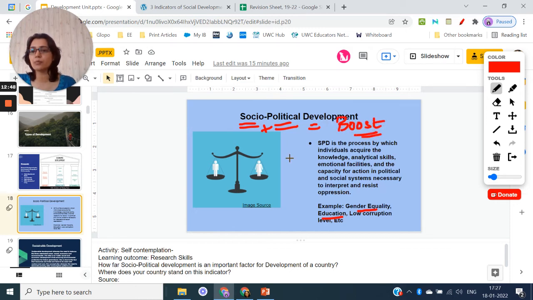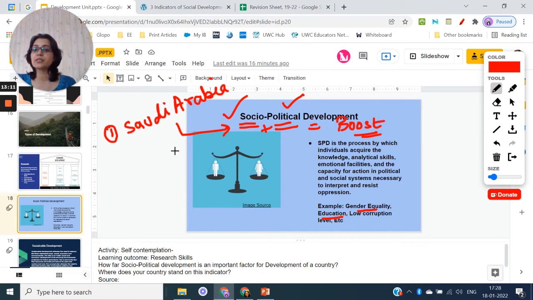Remember, no economy can grow without social or political development. We have one example of Saudi Arabia, where we see the country progressing now in terms of social development, where it has started giving rights to women, right? We see the country progressing on this line.